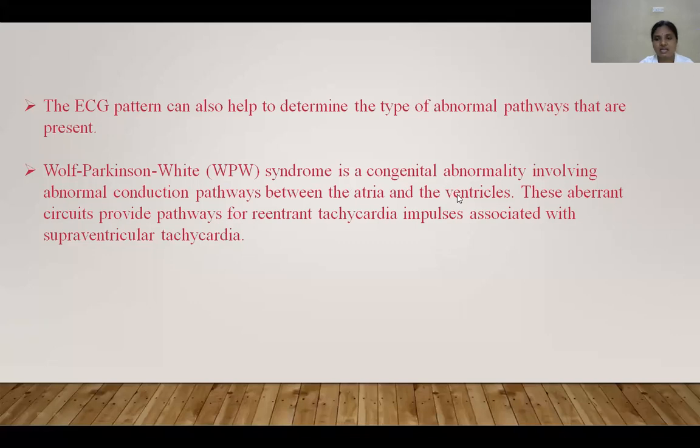It is a congenital abnormality involving abnormal conduction pathways between atria and ventricles. These aberrant circuits provide pathways for reentrant tachycardia impulses associated with supraventricular tachycardia. So these are the various clinical aspects regarding this conducting system.